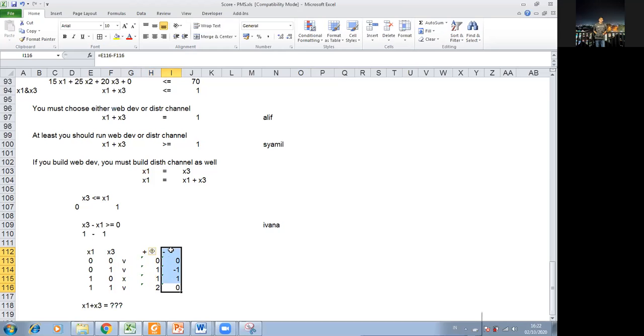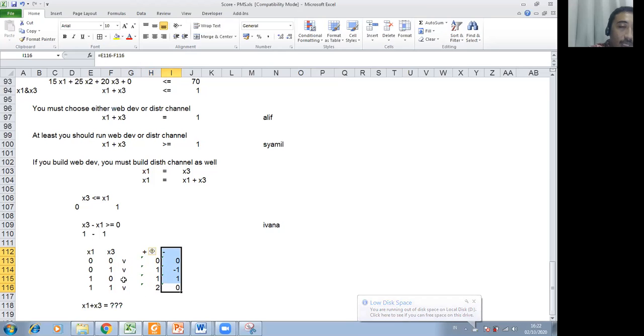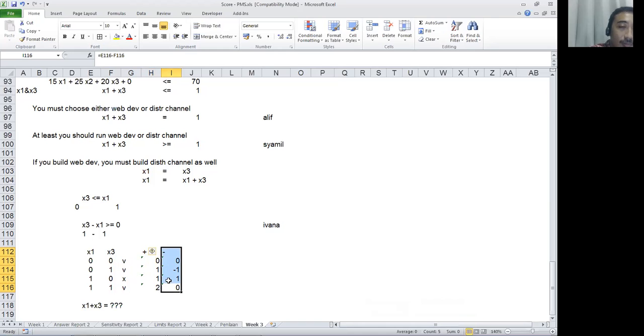Yes, sir. Yes, minus plus. We can say that the not okay is the one when the subtraction result is what? Can you define it? Not okay if the subtraction result is 1, not okay.